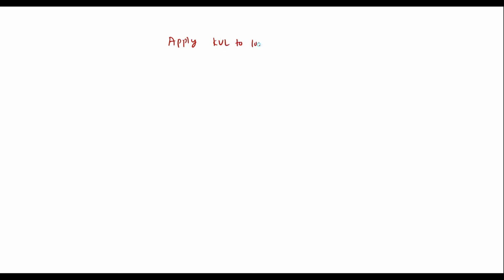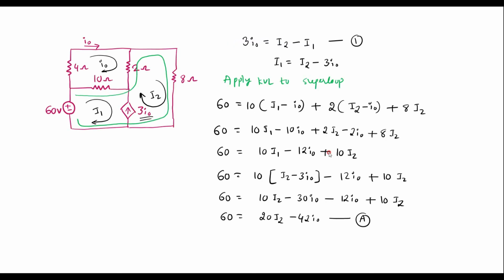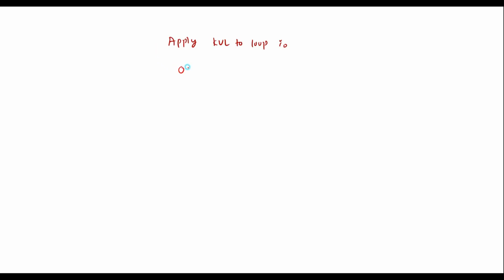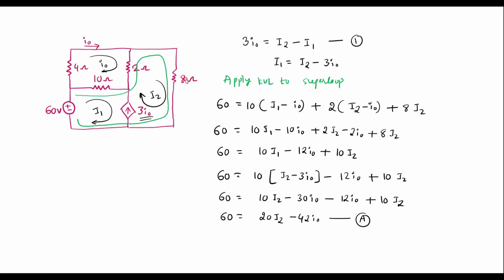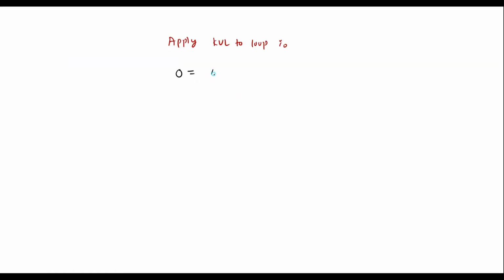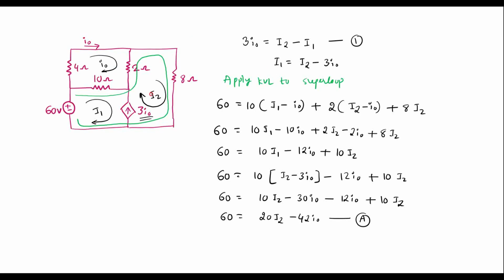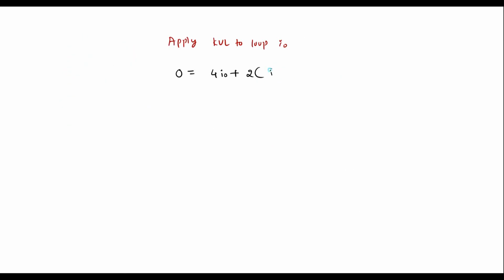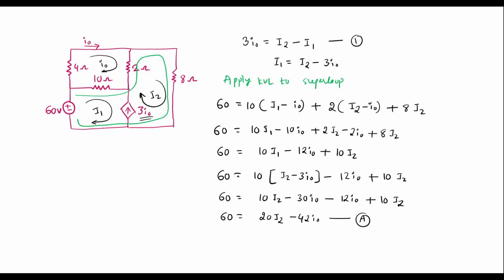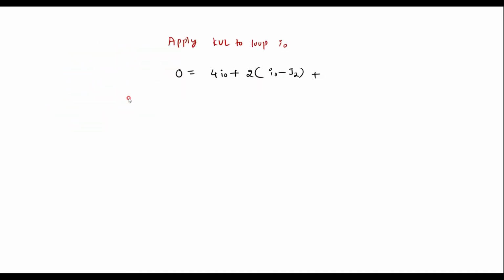We can write 0 is equal to 4 I0 plus 2 times I0 minus I2, which is the voltage across the 2 ohm resistor, plus the voltage across this 10 ohm resistor, which is 10 times I0 minus I1.